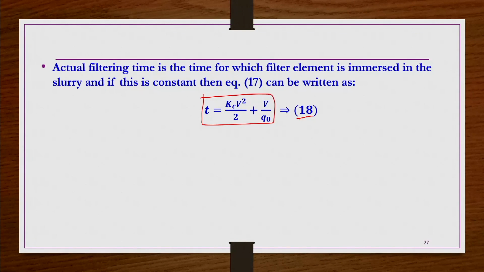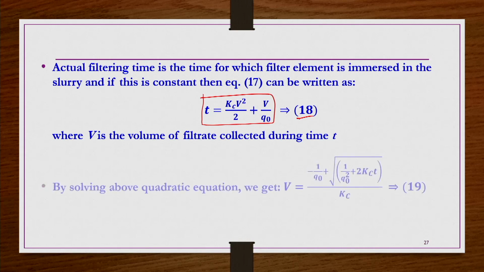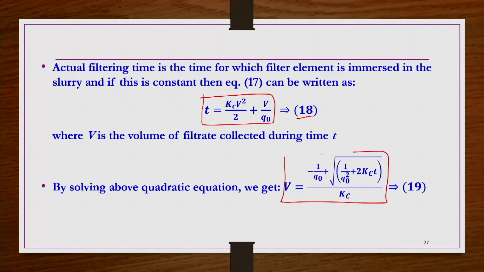So, this equation now should be solved to get an expression for V as a function of time. Here V is the volume of filtrate collected during time t, and by solving this quadratic equation, you will get V is equal to minus 1 by Q naught plus square root of 1 by Q naught square plus 2 Kc t, divided by Kc.